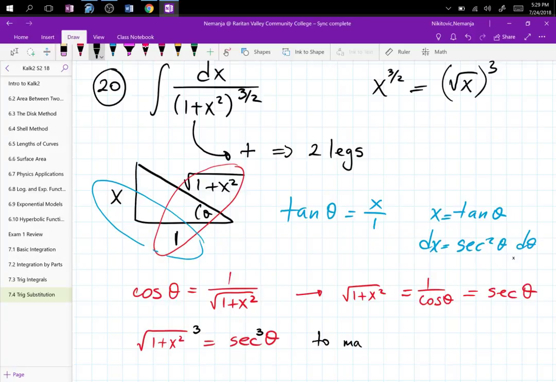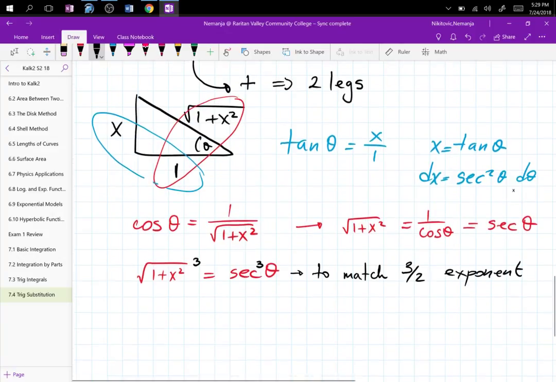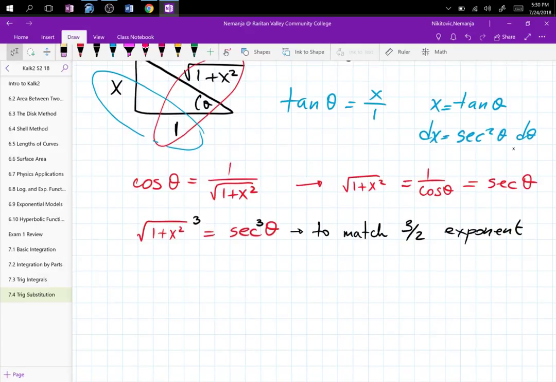To match the three-halves exponent. If you look on the left-hand side, I do have now a 3/2 exponent, because the square root cubed is 3 over 2. All right, so what was my problem? My problem was the integral of dx over 1 plus x squared to the 3/2, and that's that.